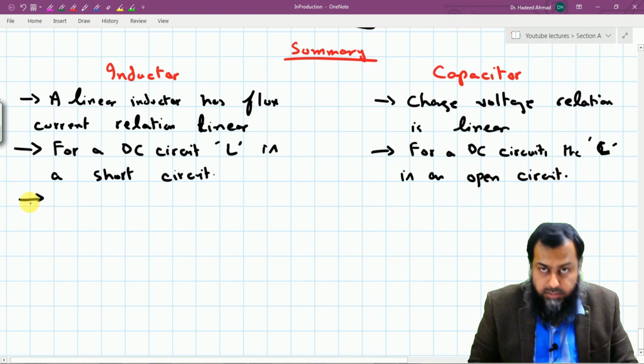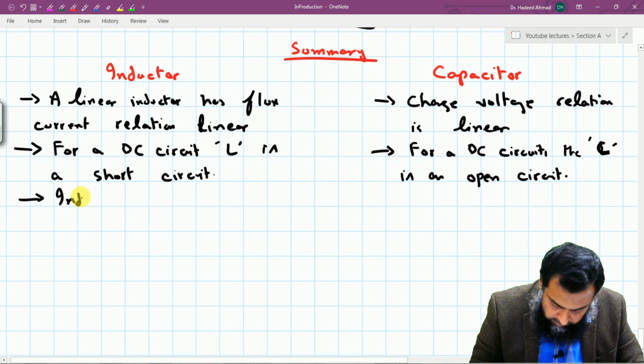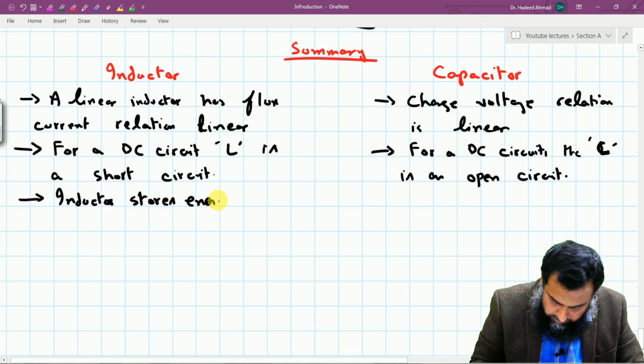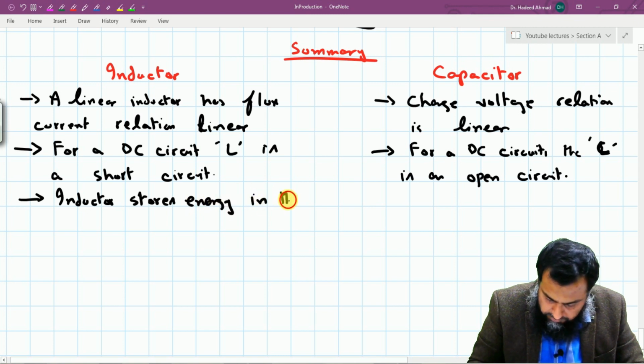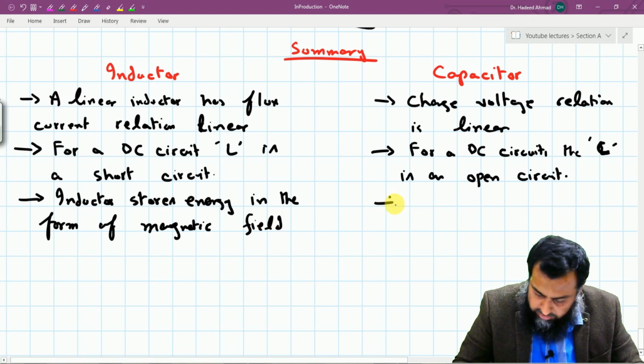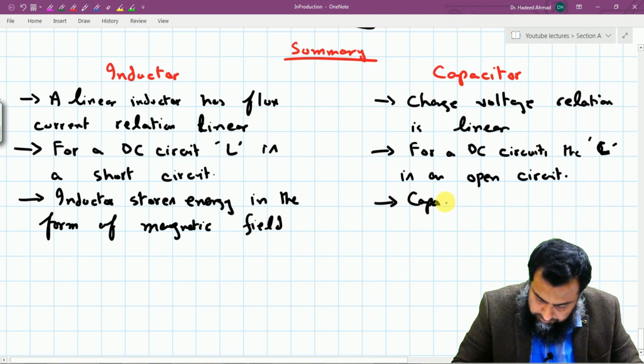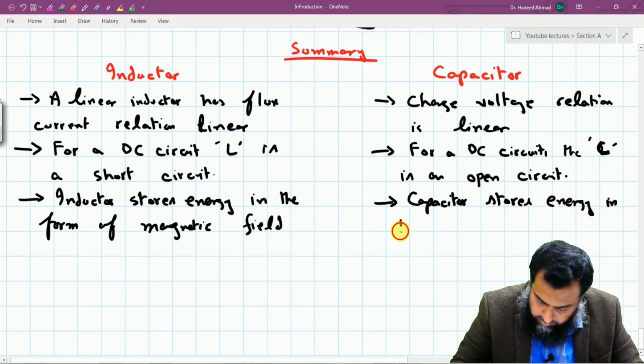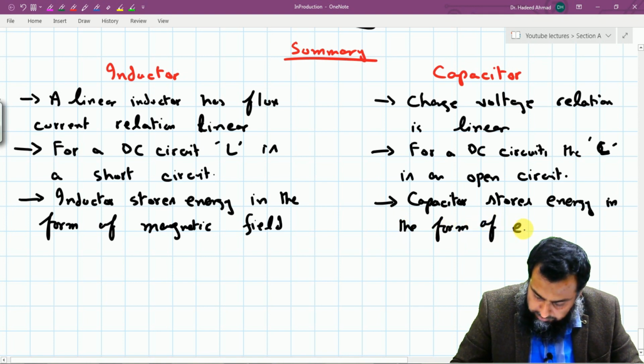The third thing here is that the inductor stores energy in the form of a magnetic field, whereas the capacitor stores energy in the form of an electric field.